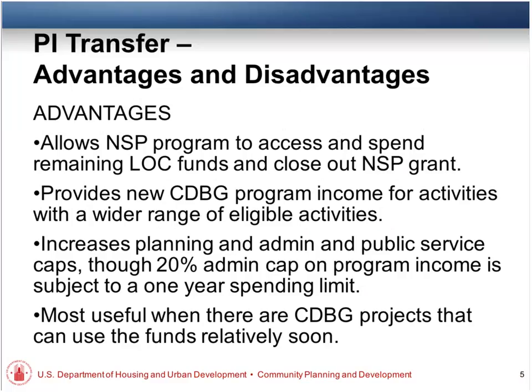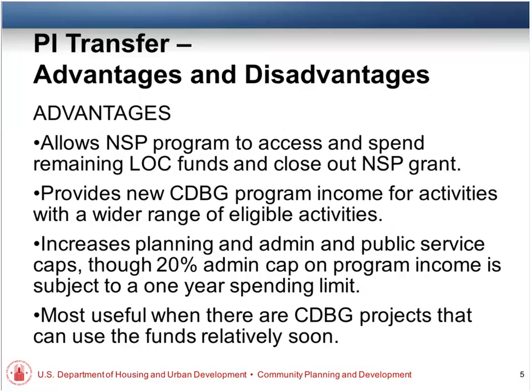All right, so these are some of the advantages we see. As I mentioned, we want you to be able to spend your line of credit funds and close your grant out, and transferring these funds is one way to do that. And this allows you to close out your NSP grant.